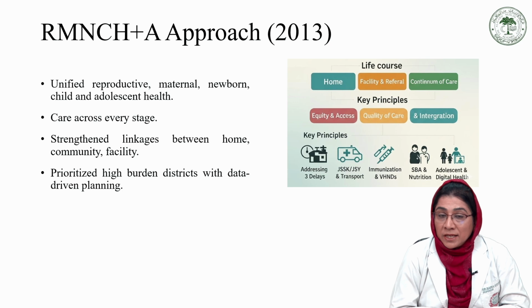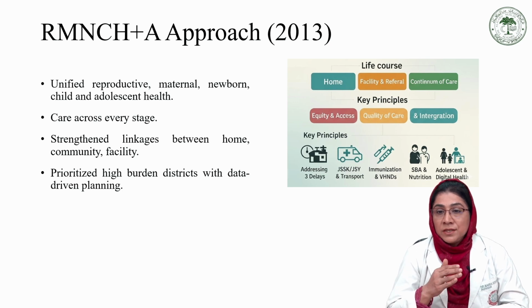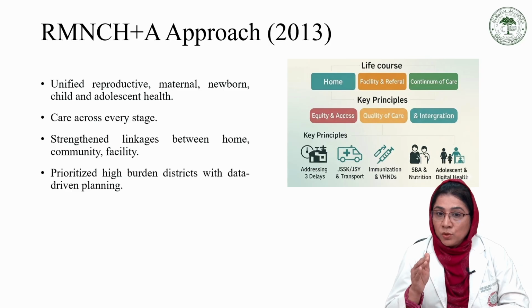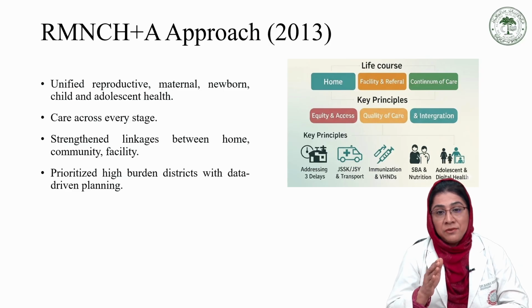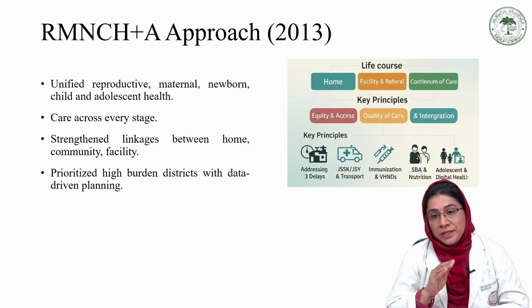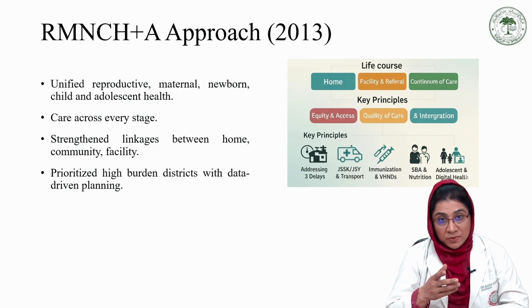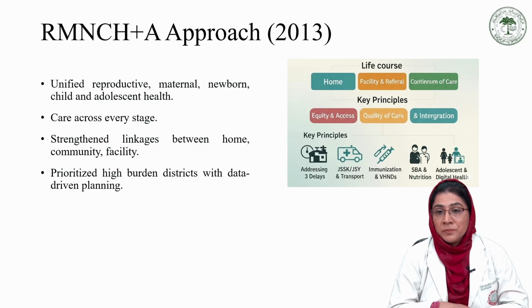It operationalizes continuum of care by linking service packages across home, community, and facility levels with clear roles for accredited social health activists, that is our ASHAs, the ANMs, auxiliary nurse midwives, and medical officers and facility teams.